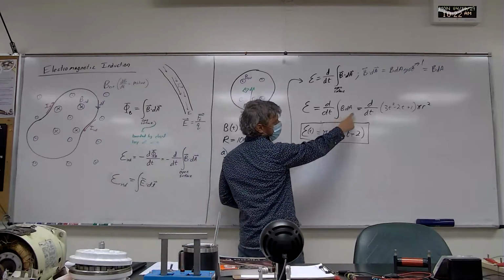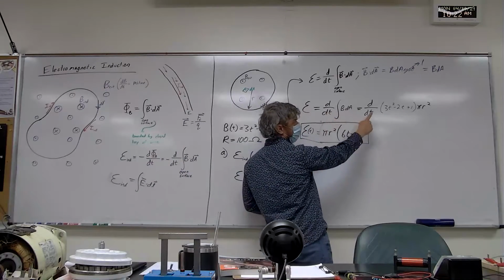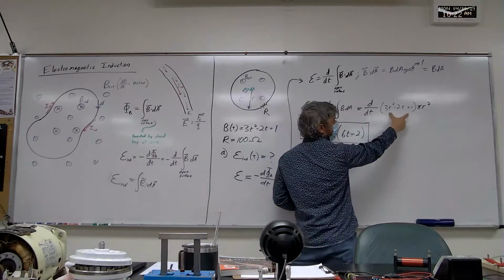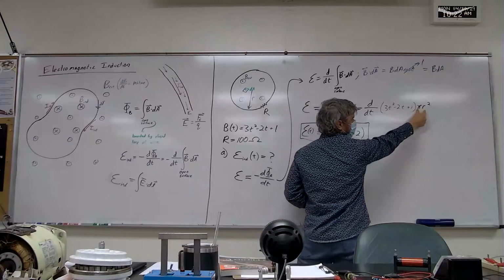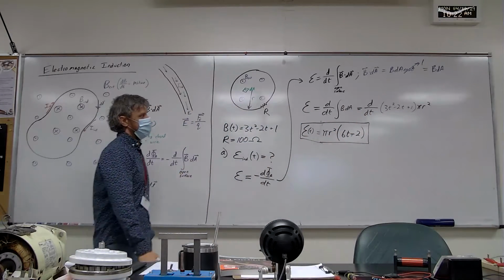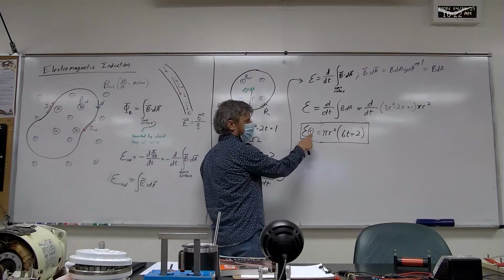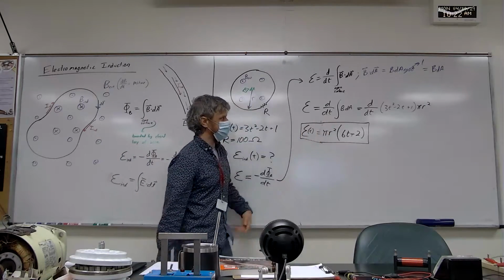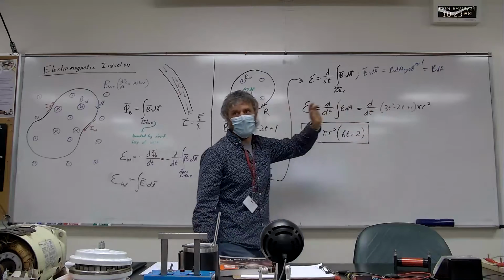And so we get the derivative with respect to time is still here, times the magnetic field, times the integral of dA, which in this case is just pi r squared. So that gives us an induced voltage as a function of time of pi r squared times the derivative of this function.